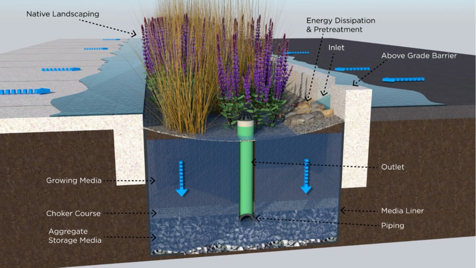We have what we call a choker course, an aggregate course, and that's really just filtering the system as it gets lower and lower in it. We want to filter out any of the sediment so it doesn't clog our system. And then at the end you have an overflow pipe of some kind, and you'll see this overflow in probably most every one of your systems.